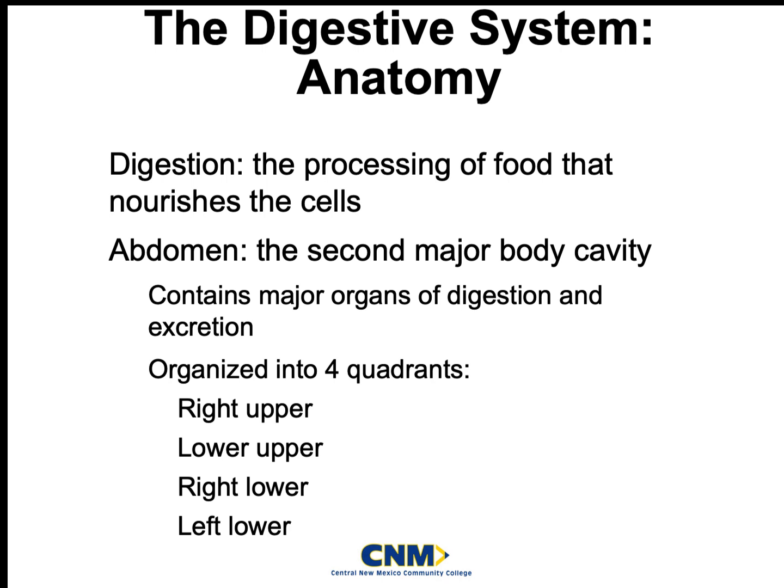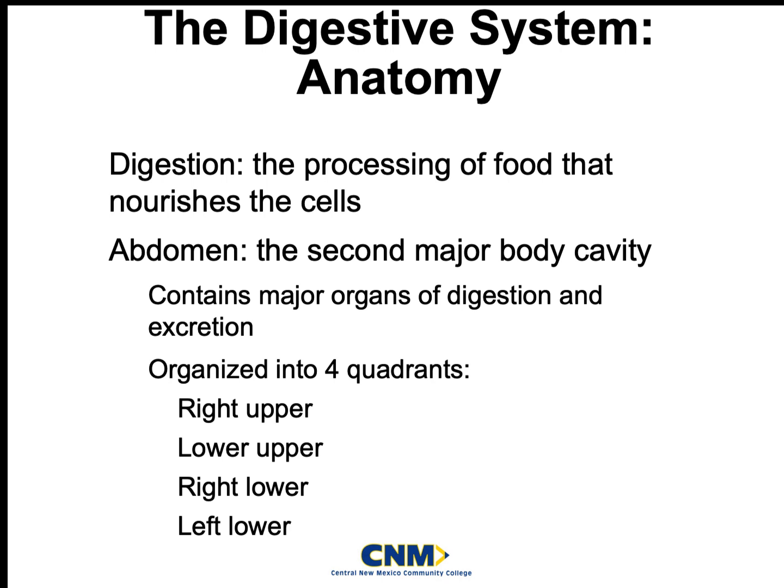Your abdomen contains almost 90% of your digestive system. Remember, we do have the extension of the esophagus, and your mouth is technically part of your digestive system as well. So your abdomen is your second major body cavity. Remember, it is right below the thorax, and the abdominal cavity is separated from the thorax by the diaphragm. It's organized into four different quadrants: the right and left upper quadrant and the right and left lower quadrant.